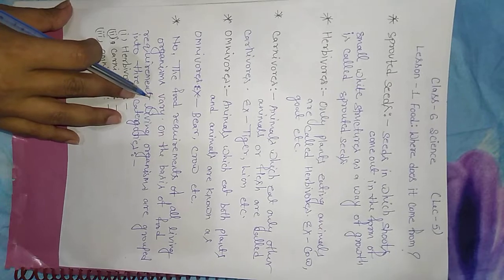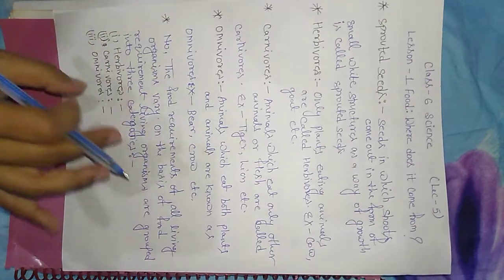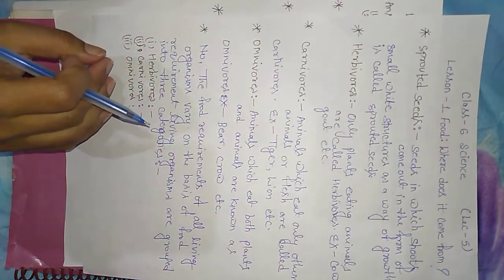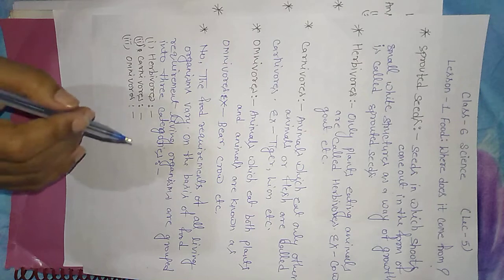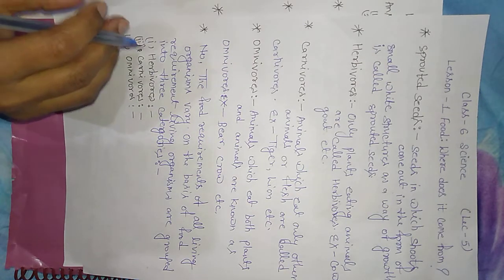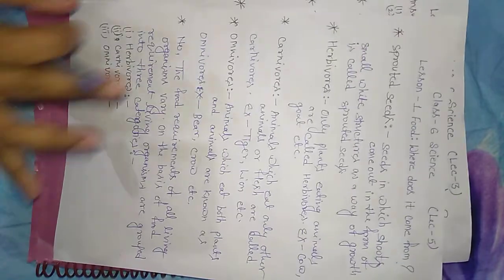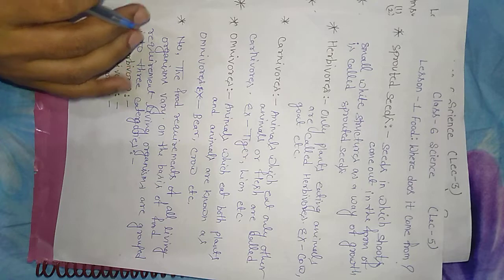You can take a screenshot of the video also. Here all the things are compiled. Next thing that you can be asked from this chapter is can you tell me some parts of the plant that you eat, or which part you can eat from a particular plant.